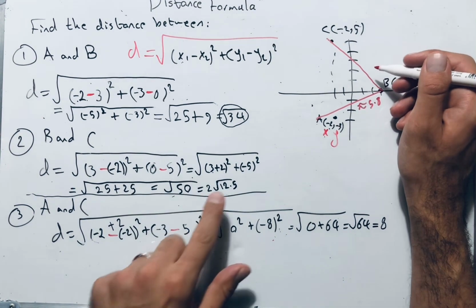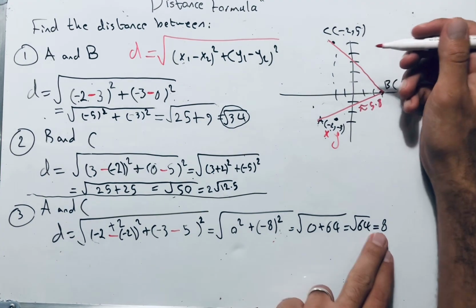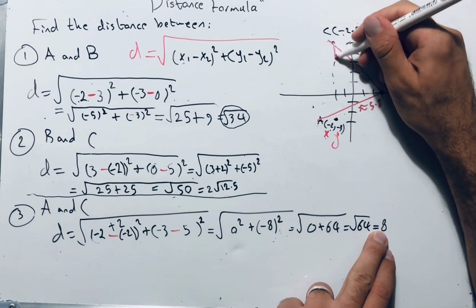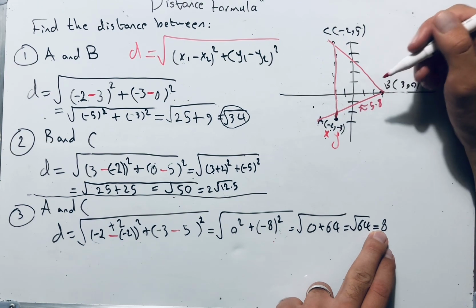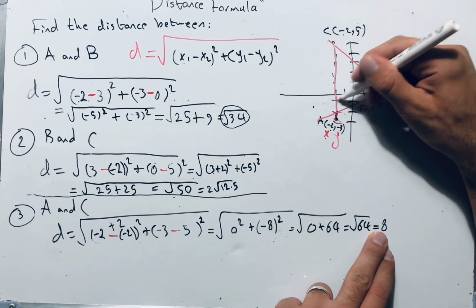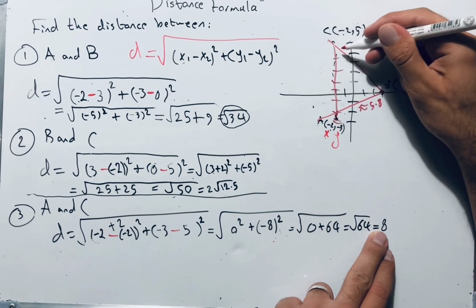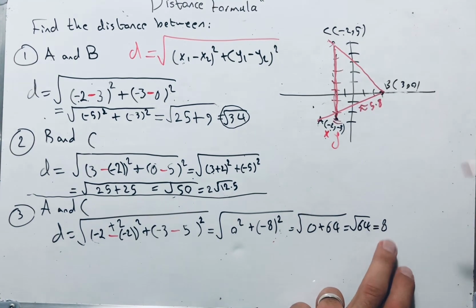We don't really care about that, but this is the length of this. And then between A and C, we can also decide using our eyes. This is 8 steps: 1, 2, 3, 4, 5, 6, 7, 8. So the distance here is 8, as we found.